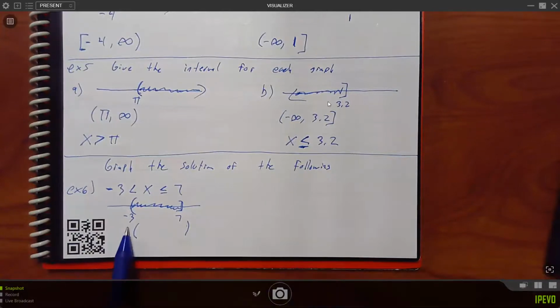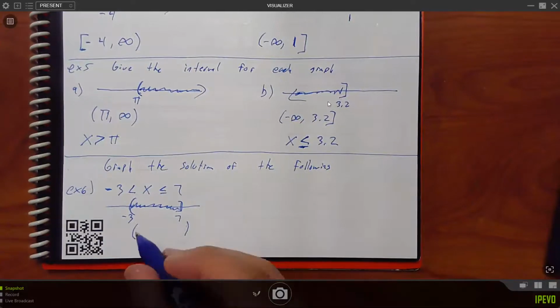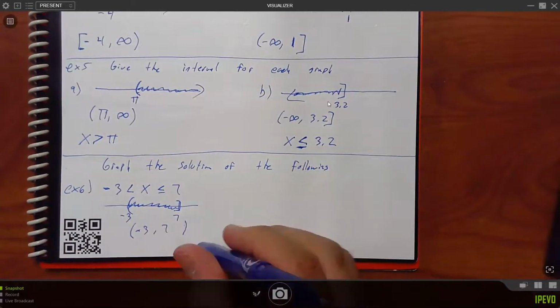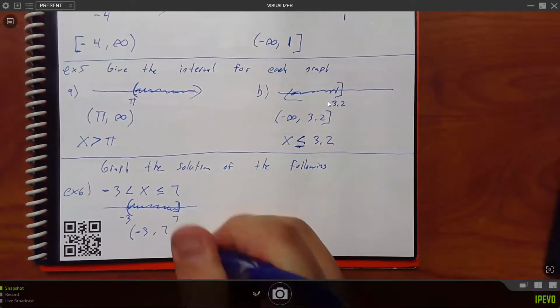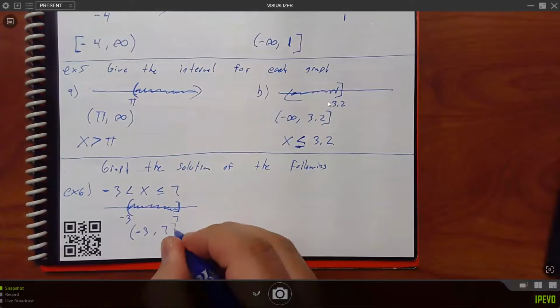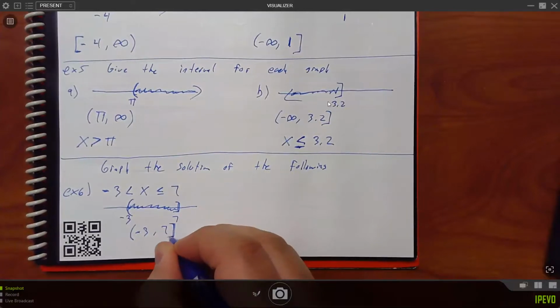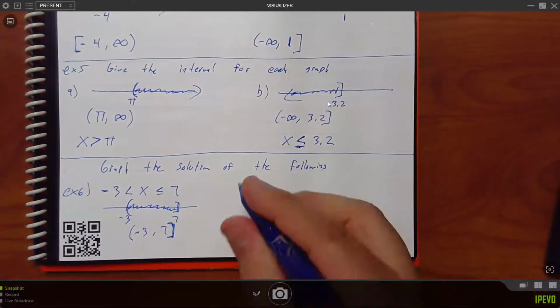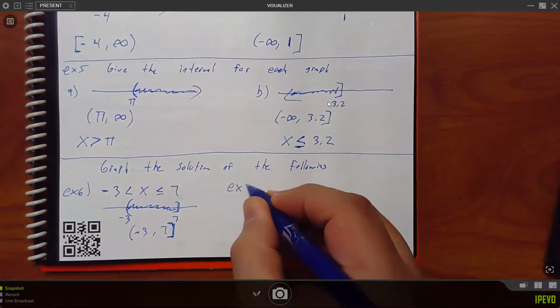Yeah, what's the lowest value? What's the highest value? Yeah, -3, 7, but we got to put a bracket, right? Oh, forgot about that. They didn't ask us for the interval, but we should practice because they're going to ask eventually. Any questions on 6?